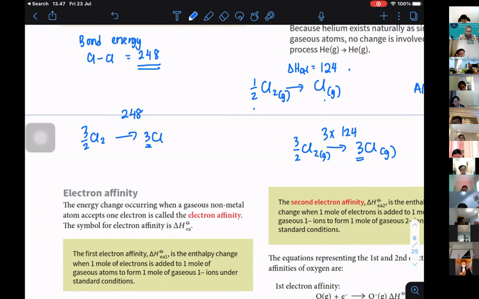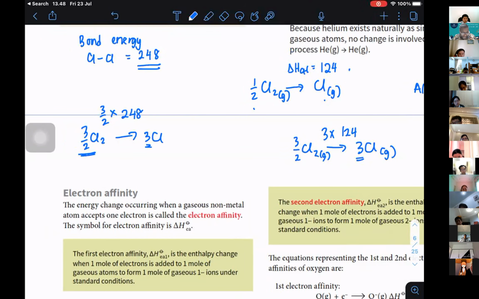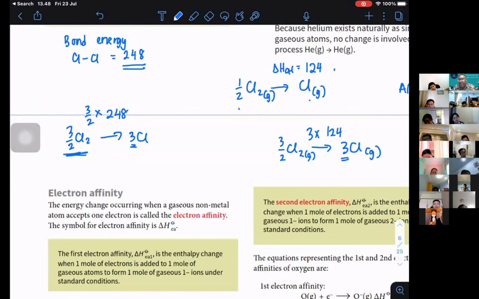You times it by 3/2. Please remember this, because you are breaking the bond between Cl and Cl. How many moles of Cl2 are you breaking? You're breaking 1.5 moles of Cl2, so you need to times 1.5 by 248. That's the difference between using bond energy and enthalpy change of atomization, very, very important.